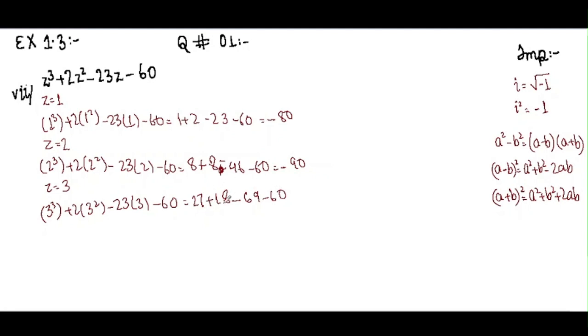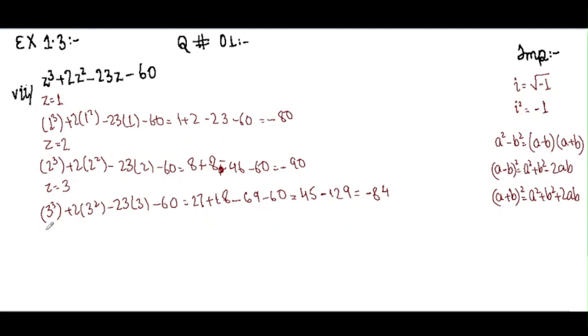So 27 plus 18 we get 45, minus 69 minus 60 gives us minus 129. So 45 minus 129 we get minus 84.